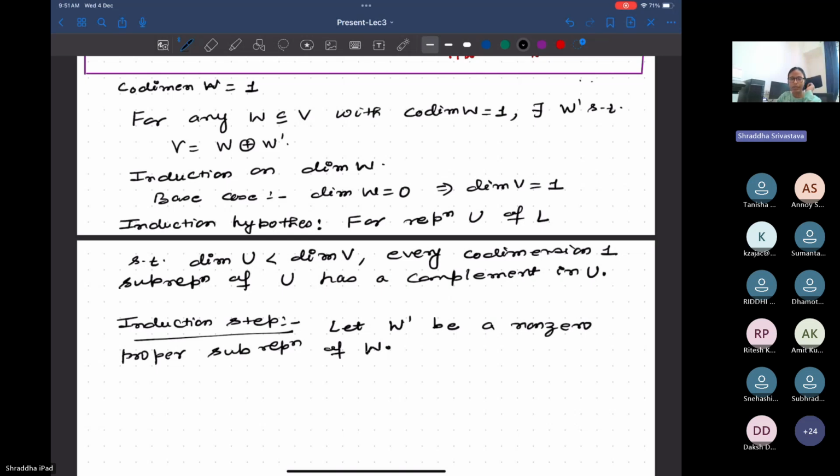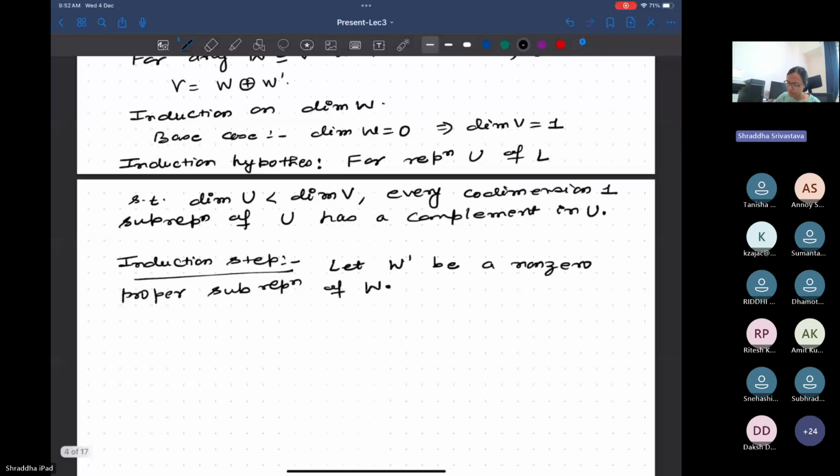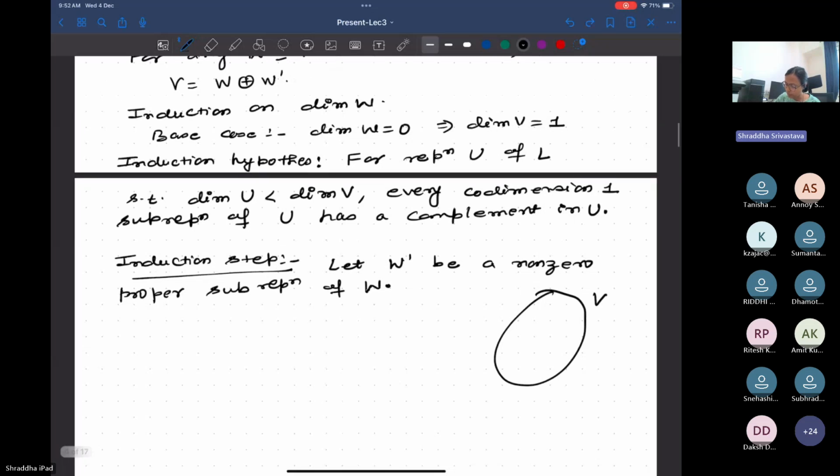Okay, so to use the induction hypothesis, we want to put this W prime inside some other sub-representation W tilde of V, such that W prime becomes co-dimension 1 in it, and then we can use our induction hypothesis. So we have this big representation V. Inside this, we have W and also W prime.